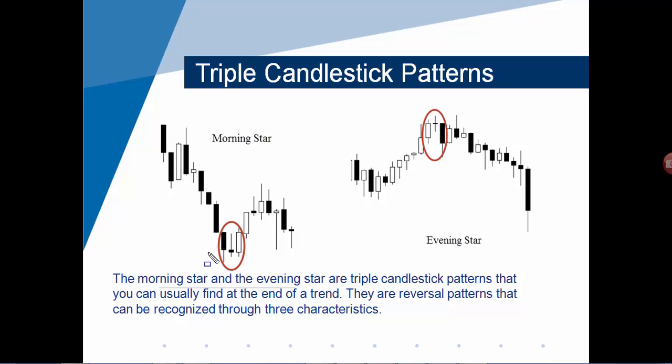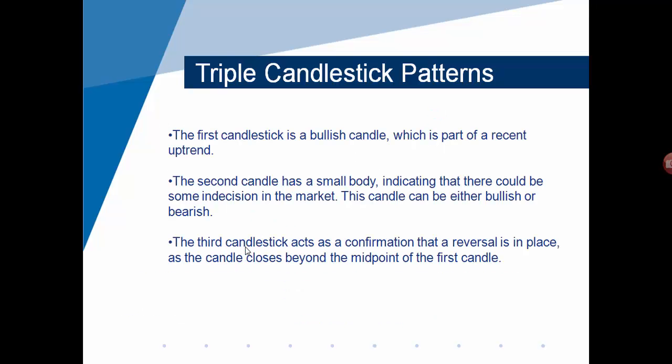They are reversal patterns that can be recognized through three characteristics. First characteristic is that we have a bullish candle, which is a part of a recent uptrend. The second candle has a small body indicating that there could be some indecision in the market. This candle can be either bullish or bearish.